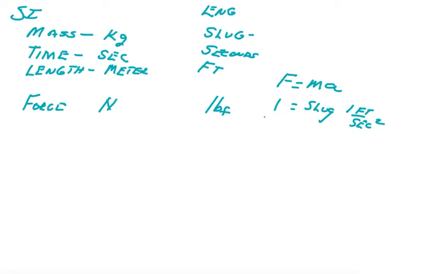And that's the definition. 1 pound force is the force that will make this much mass move at 1 foot per second squared. Same thing is true for Newton. 1 Newton is equal to 1 kilogram times 1 meter per second squared.